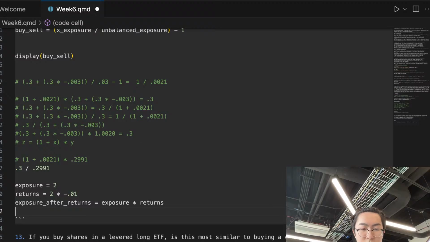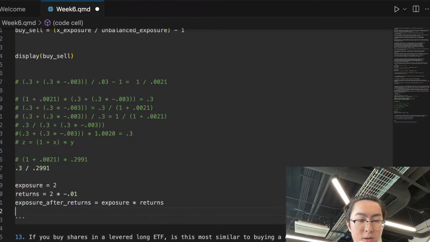So value is equal to, buy or sell. Okay, so the value that we actually have to buy or sell, we have to get our value back to the x exposure. So I'm hoping, I'm praying that all you have to do is just multiply.